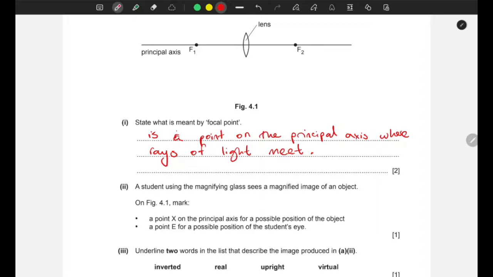They converge and all meet at the point which is f2. So they all meet at a focal point, and that point is called a focal point.